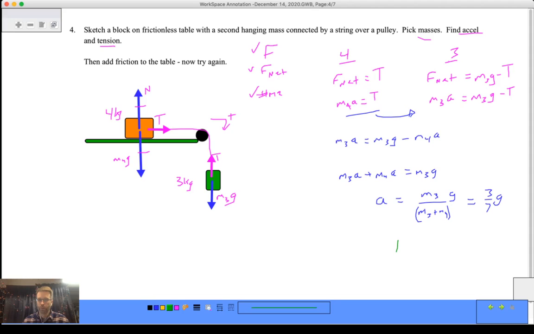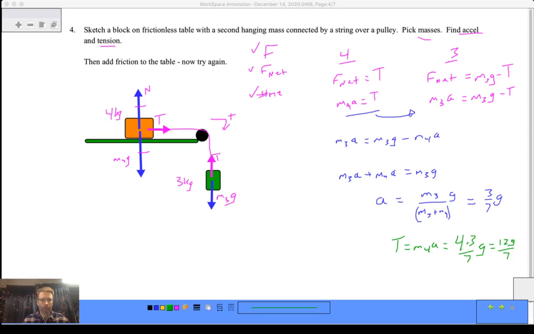Tension equals m4 times a, so m4 is 4, so it's 4 times 3/7 of g, so it looks like 12g over 7 is our tension. So there's the a and the T. All right, quick breath.